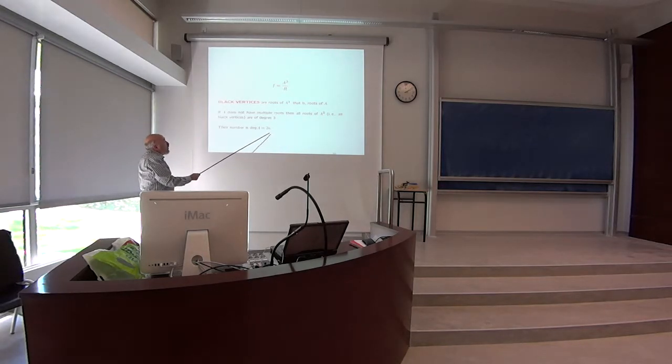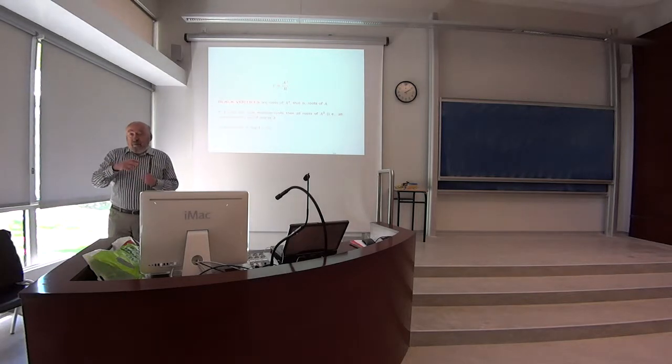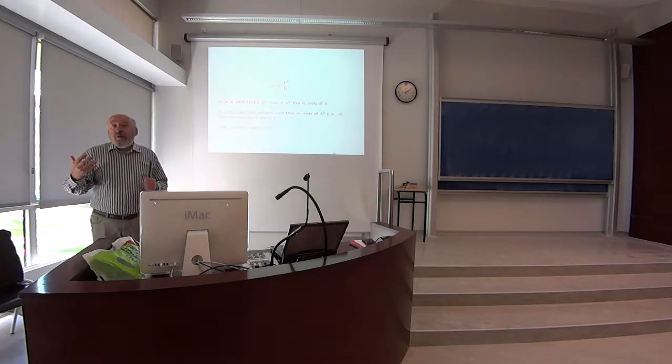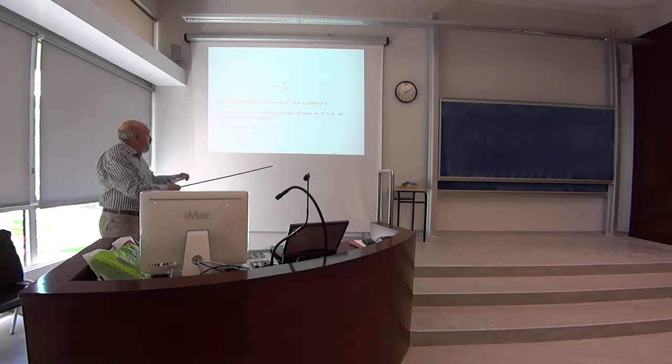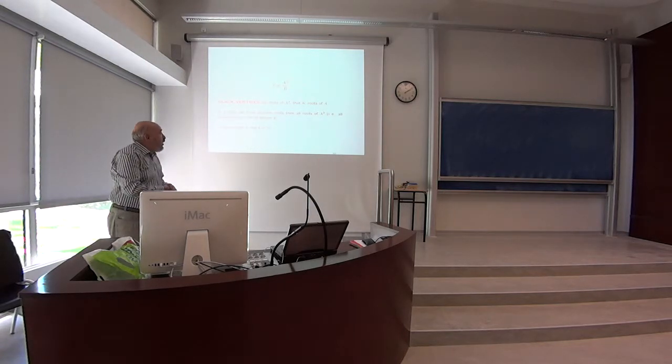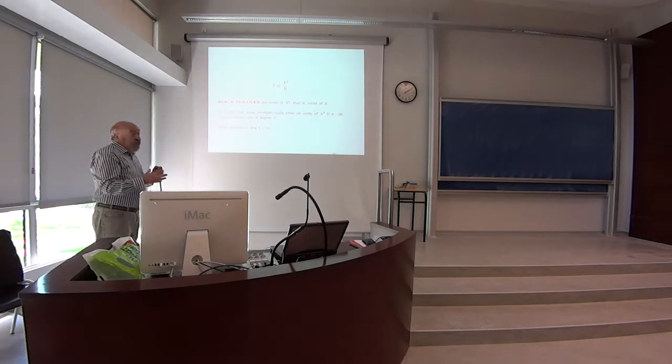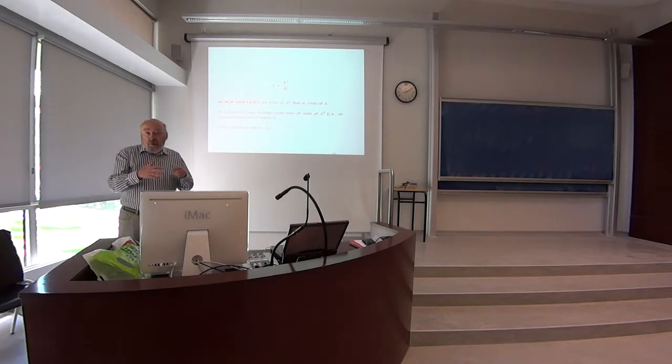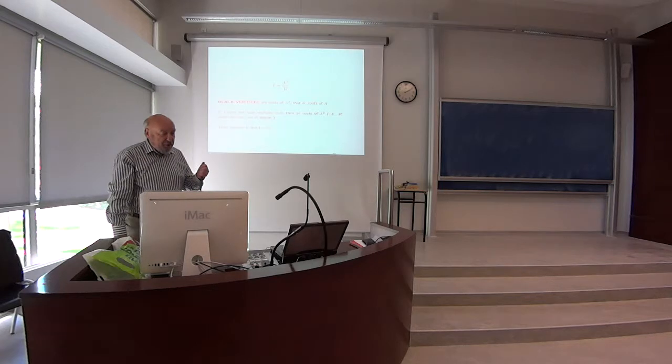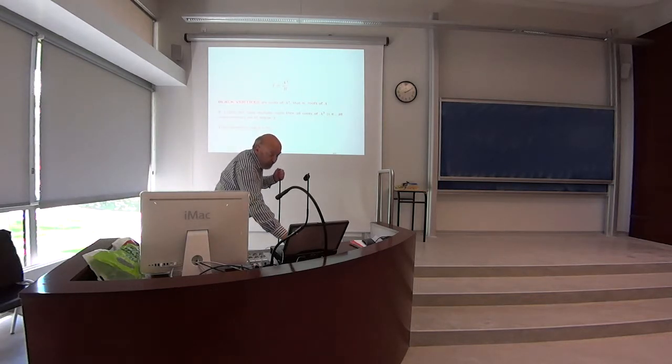So we need 2n black vertices, all of them of degree 3. Degree 3 because of the cube, 2n because of the degree of the polynomial a. I suppose that a doesn't have multiple roots, so all degrees are indeed 3 and not 6, not 9, and so on.